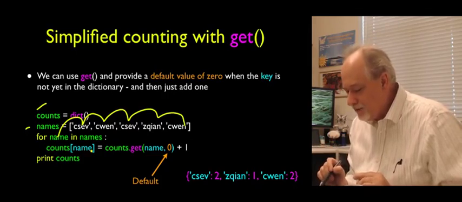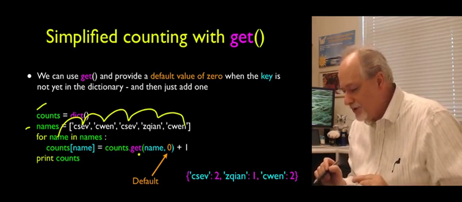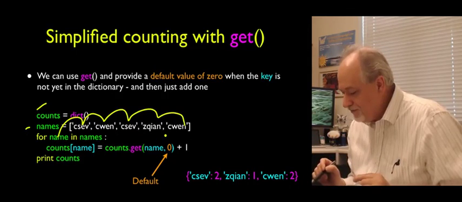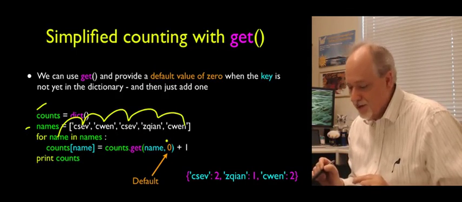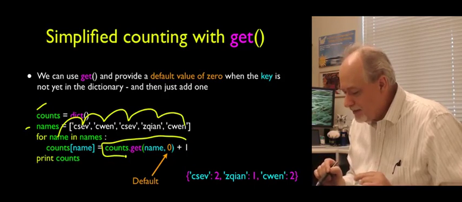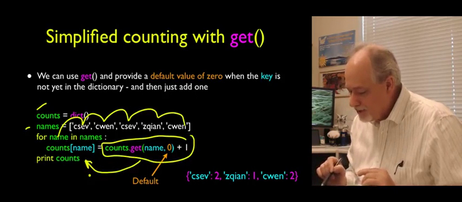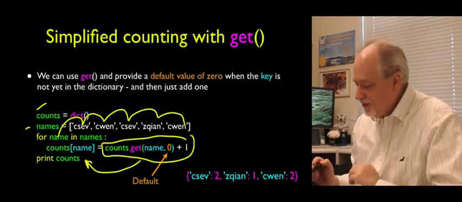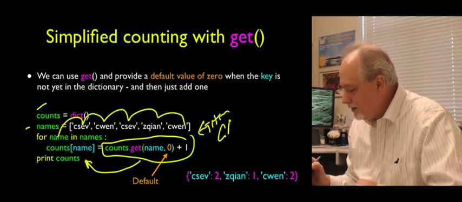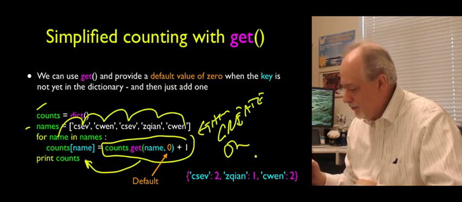And then we're going to say counts[name] = counts.get(name, 0) + 1. Get the value stored at name, and if you don't find it, give me back a 0, and then whatever comes back, either the old value or the 0, add 1 to that, and then take that sum and stick it in counts[name]. So this is either going to create or it's going to update.